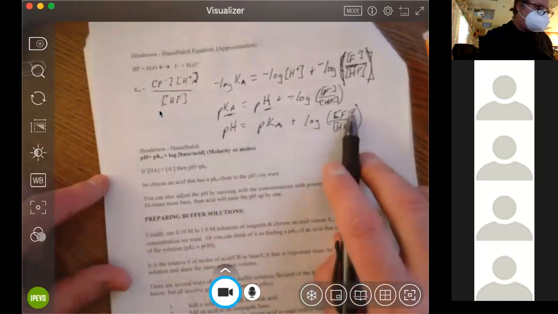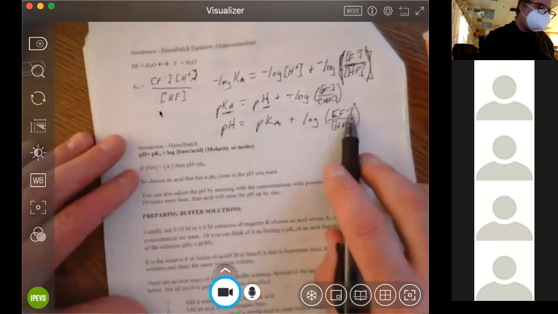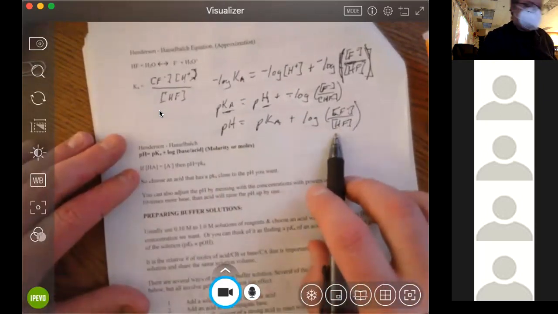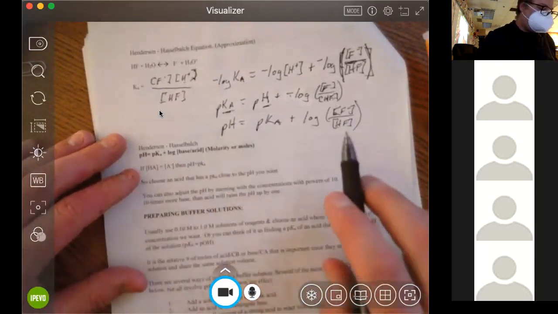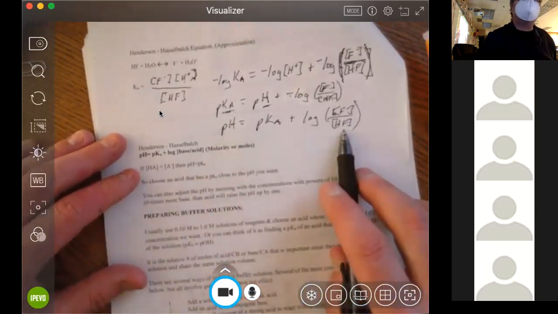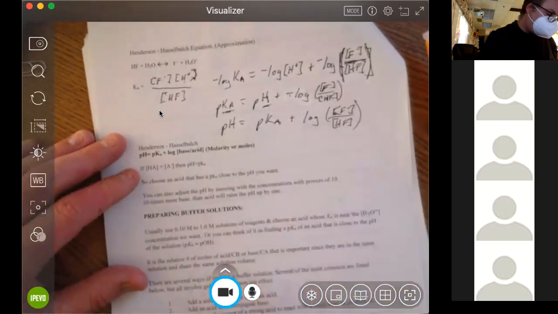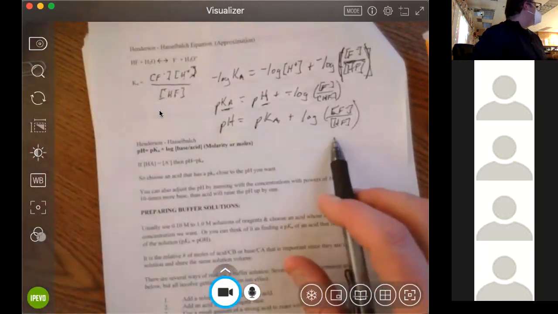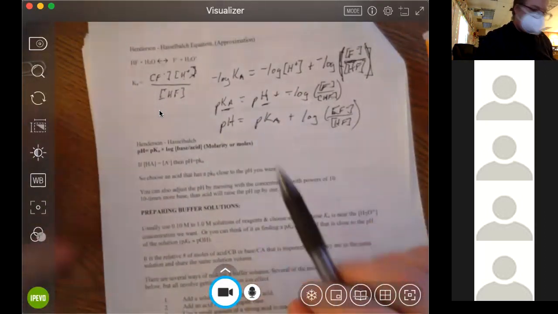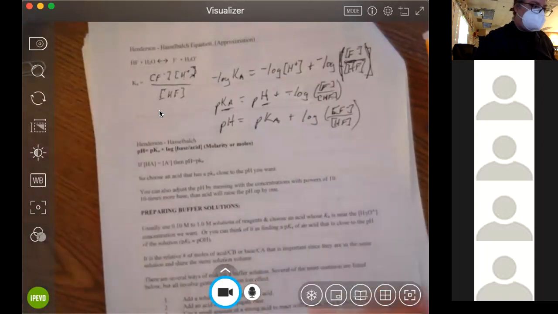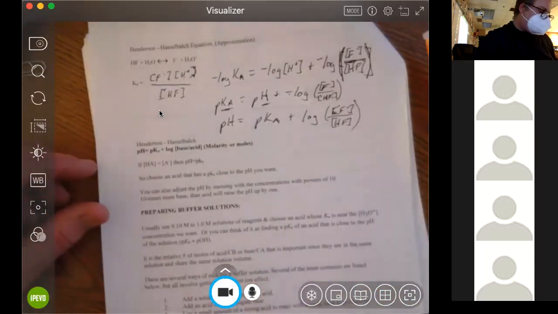You have more base, so if you were at 7 and you have 10 times as much base as acid, now the pH of that buffer system would be at 8. If instead you had a 10-fold higher concentration of the acid to the base, then instead of being up 1, you would be down 1. So that's a way that you can make a buffer system be at the pH that you want.